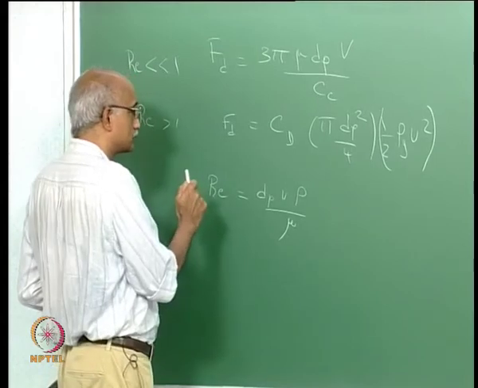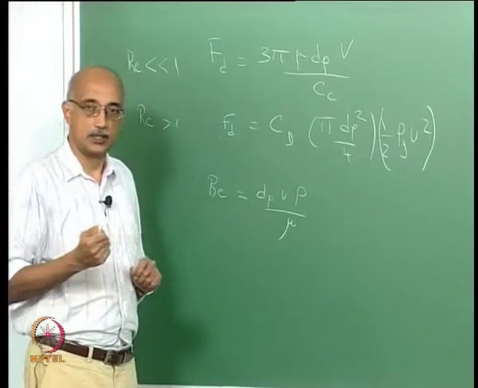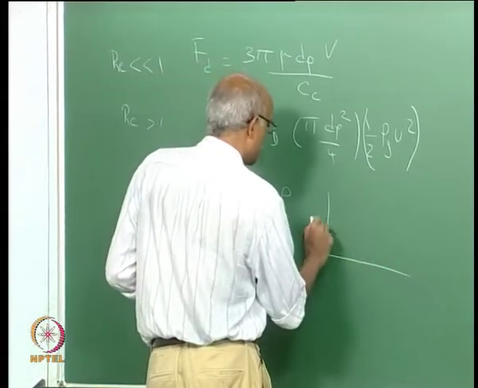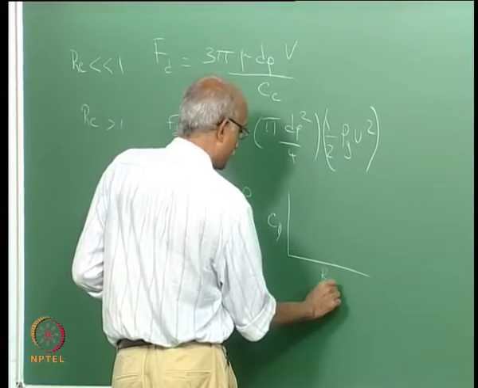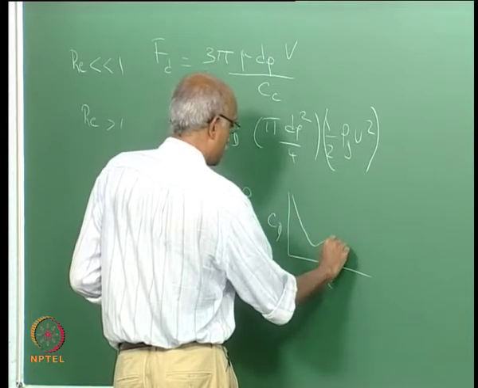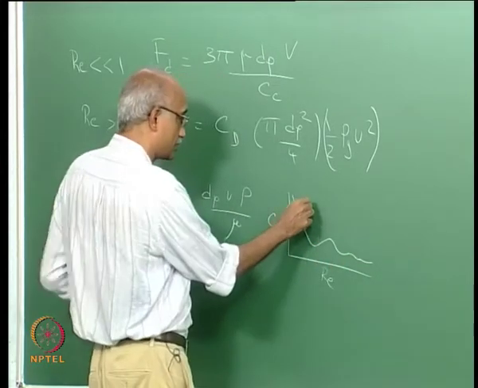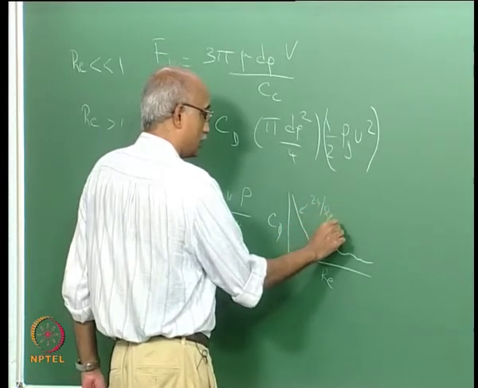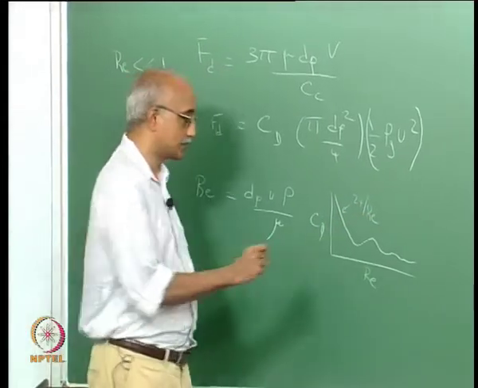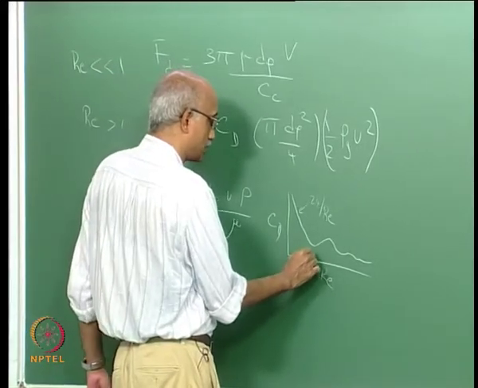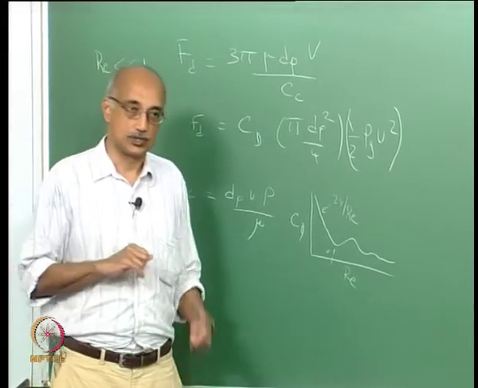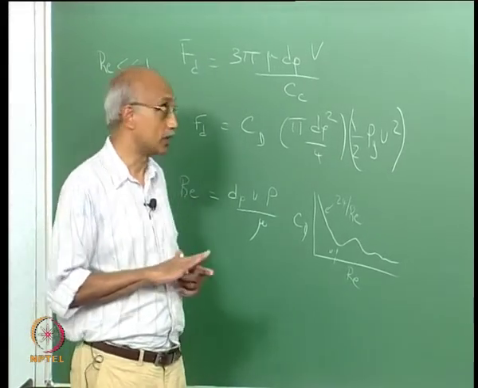The relationship between the drag coefficient and the Reynolds number can be expressed as CD versus Re, where initially there is a steep drop with a slope expressed as 24 over Re, and then for Reynolds numbers exceeding 0.1, essentially the drag coefficient reaches an asymptotic value.